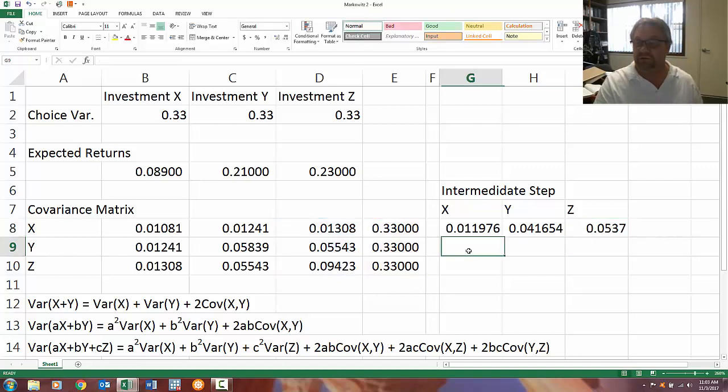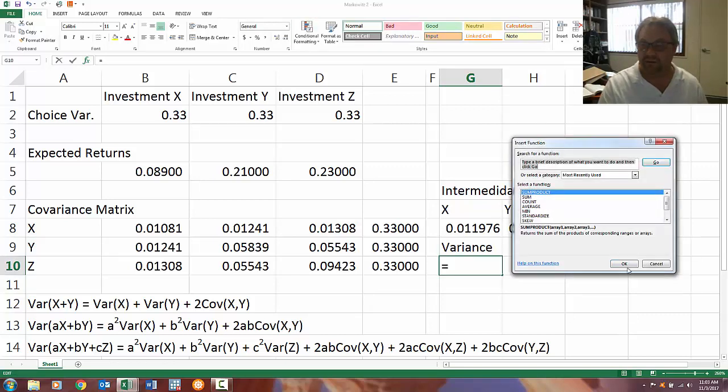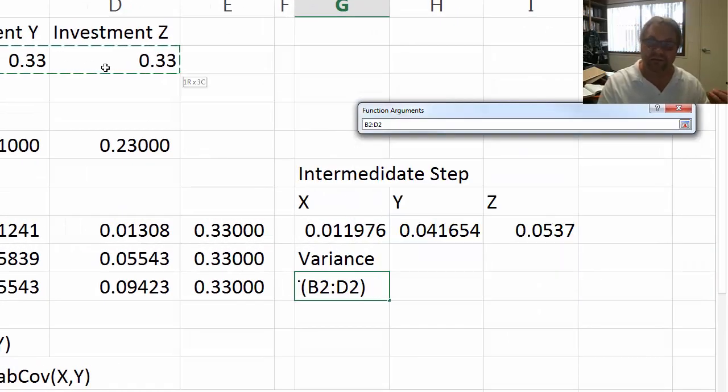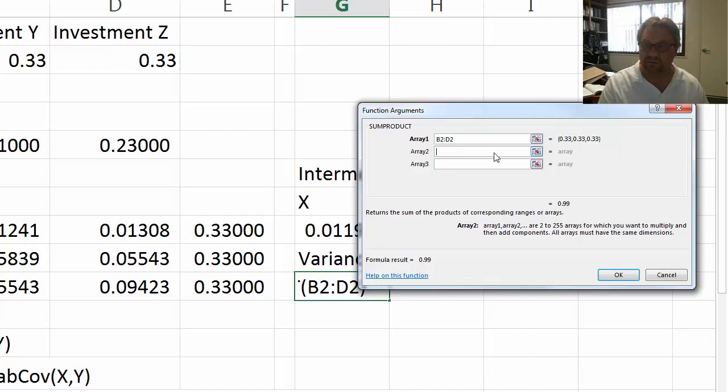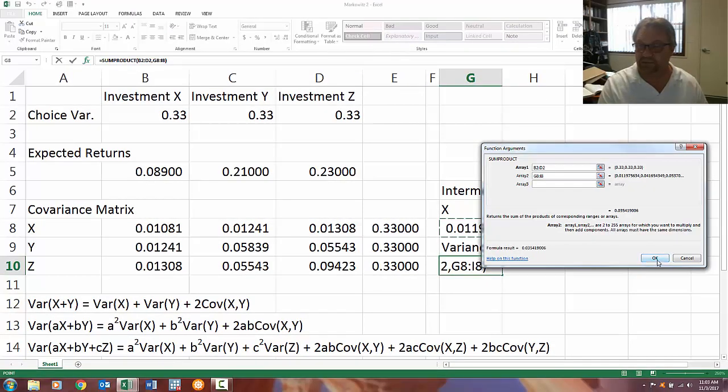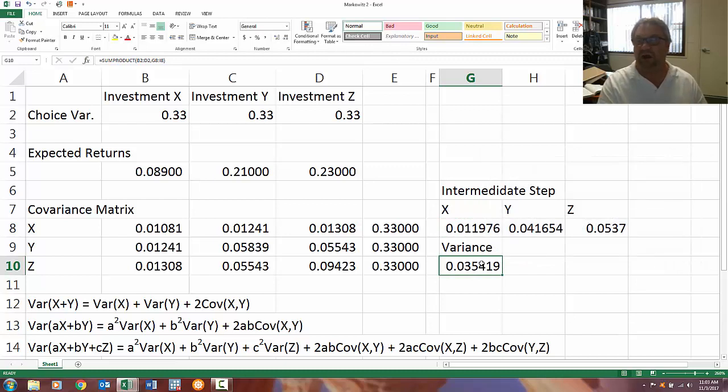Well, then, I get this intermediate step, now watch. Then I'm in a position to calculate my variance. And your variance, and hopefully you see this, is simply this row times your intermediate step, and voila.